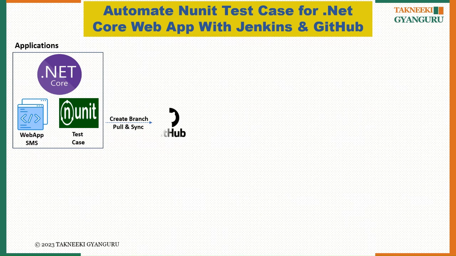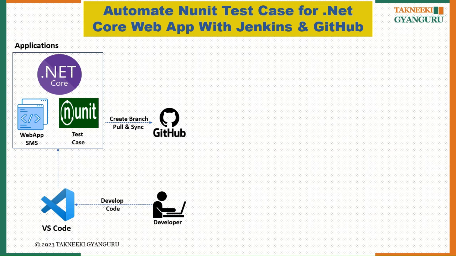And as a developer, in my case I am the developer, we will build the unit test code inside our existing web application using VS Code. So we'll use similar VS Code here to build our code for unit test cases. Once we are done with the code, we will push our changes to GitHub.